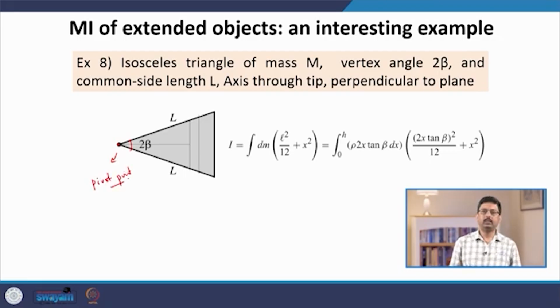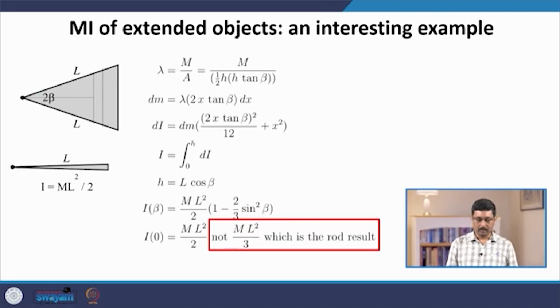Then how much is the moment of inertia of this particular mass distribution? Again, I am going to show you the answer. I have worked it out in detail, so I am going to skip the intermediate derivation and come straight to the final result.